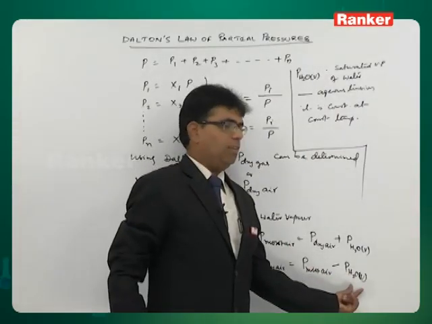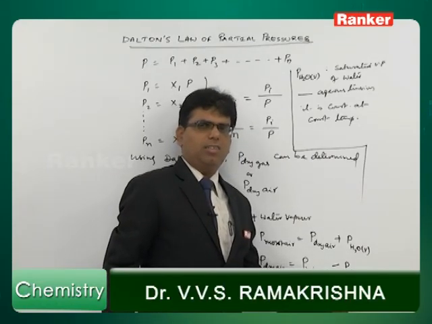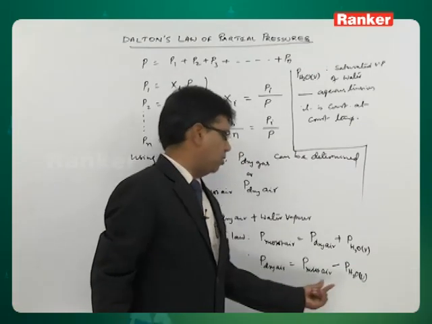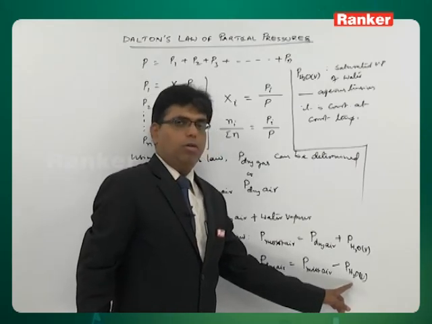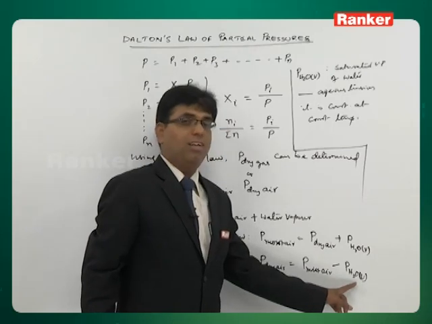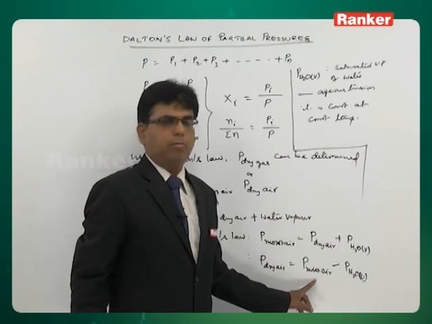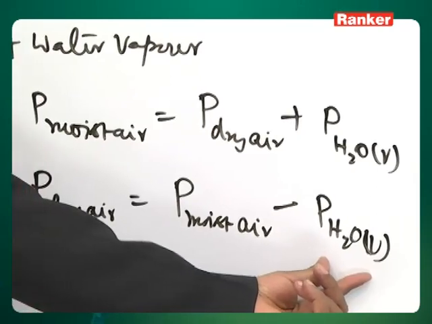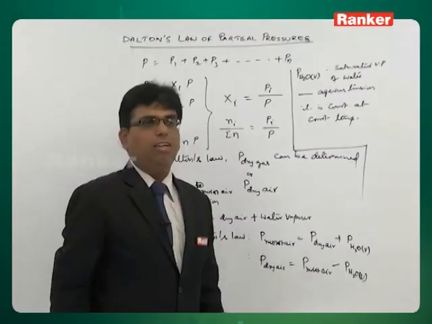This is what we call aqueous tension. Aqueous tension is constant at constant temperature. So, this value we can know from the literature, and the pressure of moist air we can determine experimentally. So, if you subtract the literature value at a given temperature from the experimentally determined value, you can determine the pressure of the dry air.